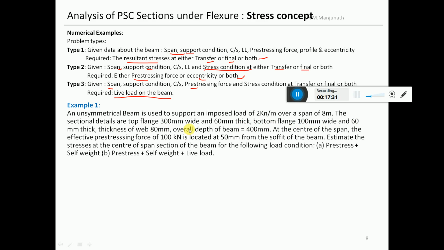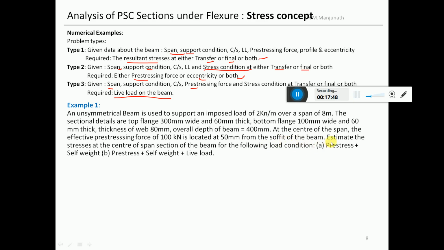Overall depth of the section is 400 mm, and at mid-span the effective prestressing force is 100 kilonewton, which is located at 50 mm from the soffit of the beam. Soffit meaning bottom of the beam.